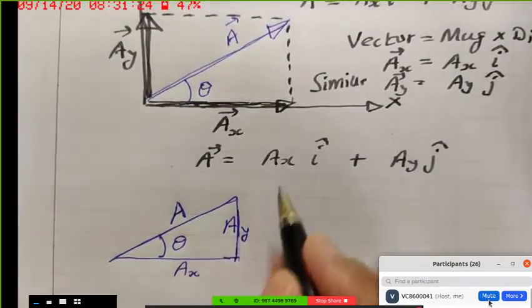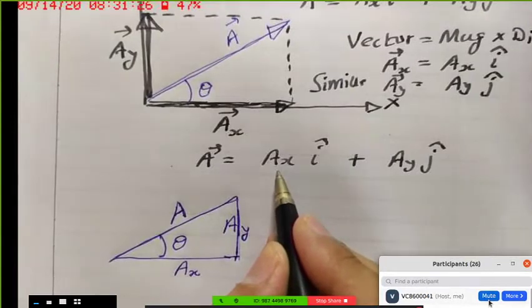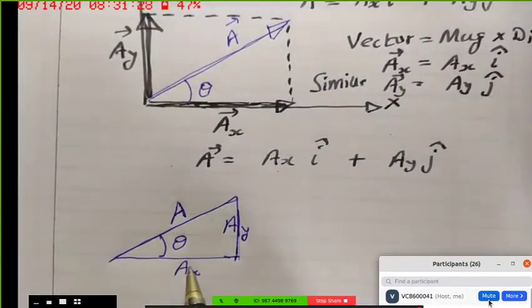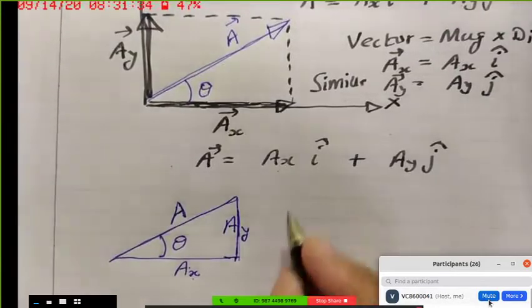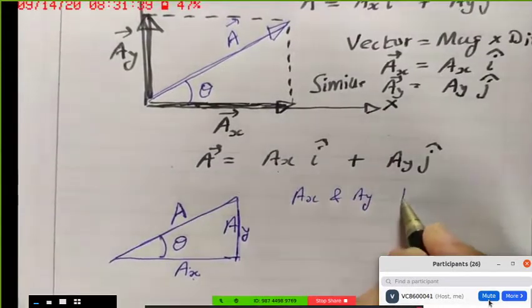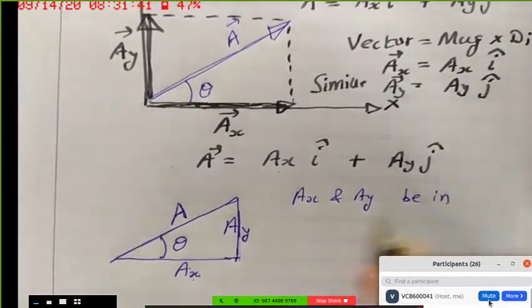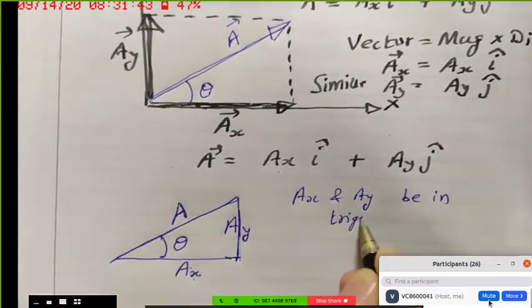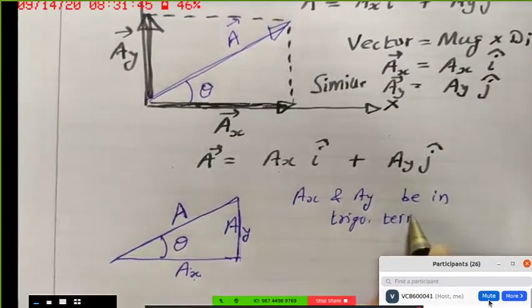I don't want AX here. Can I express AX in terms of A and theta? And AY also in trigonometric terms. So what shall I do?